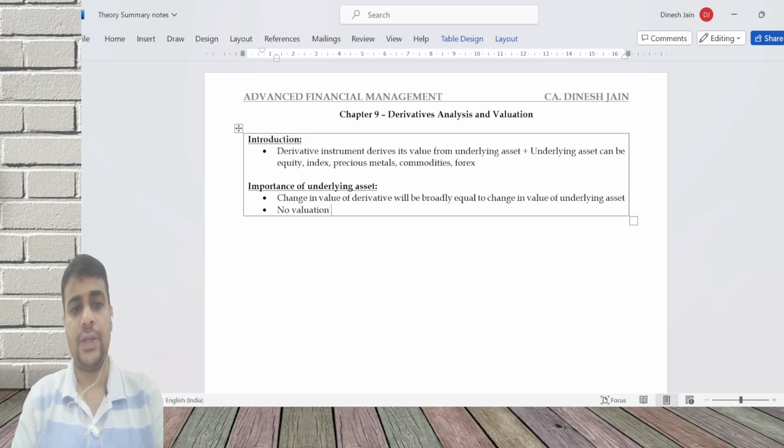No valuation of derivative instrument without underlying asset.